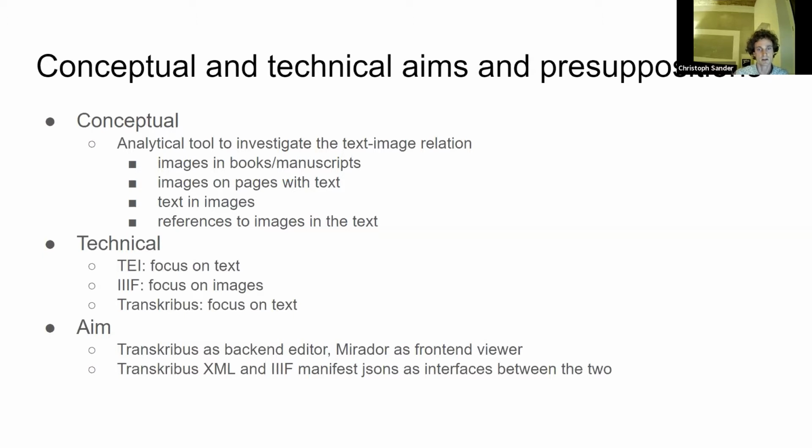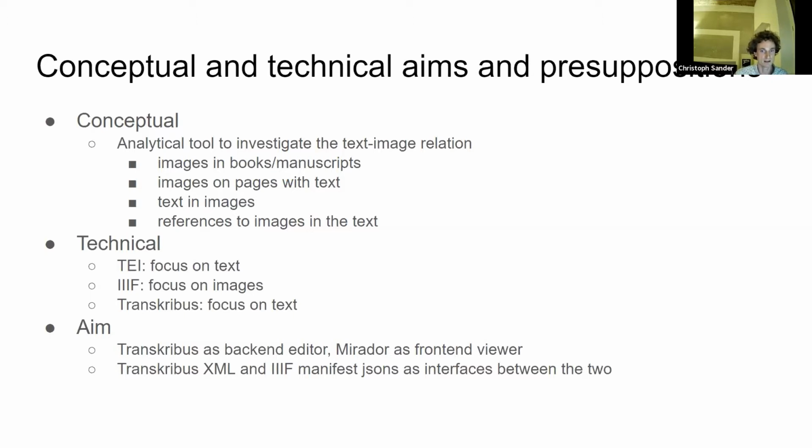My impression is that TEI, the Text Encoding Initiative, is really focused on text, while IIIF has a focus on images, and Transkribus, at least until now, has also focused on text transcription. I'd be highly delighted if there would be a coming together.